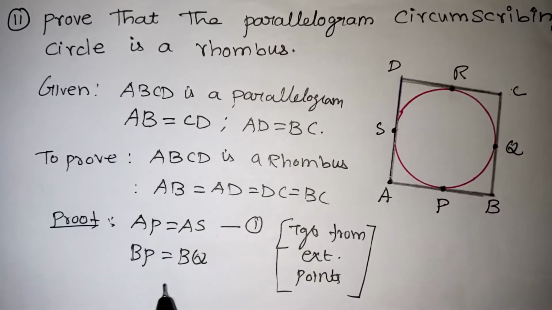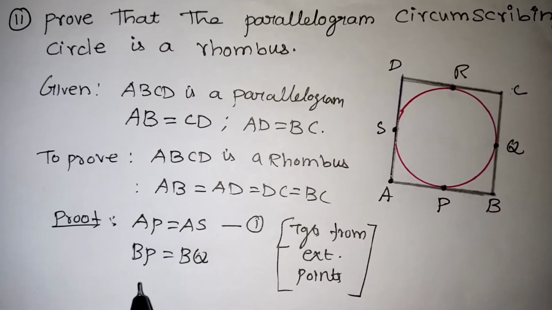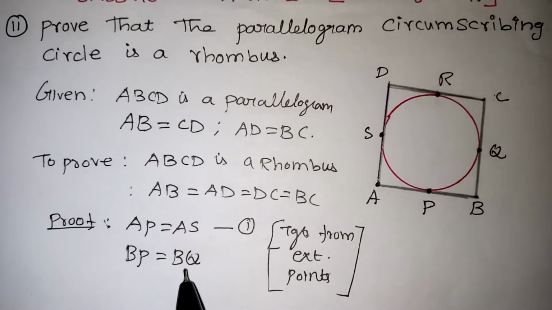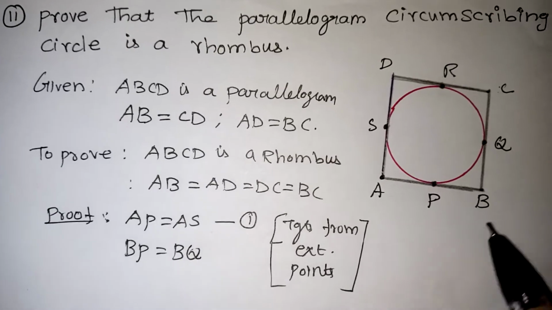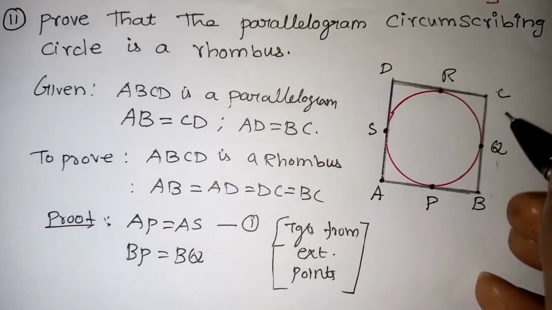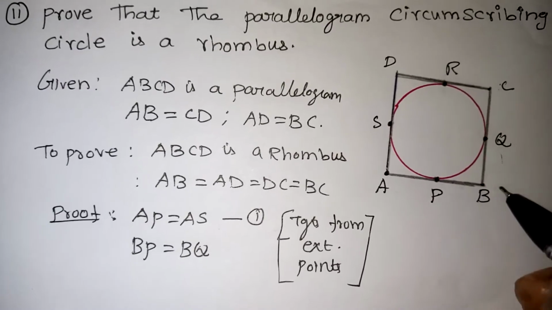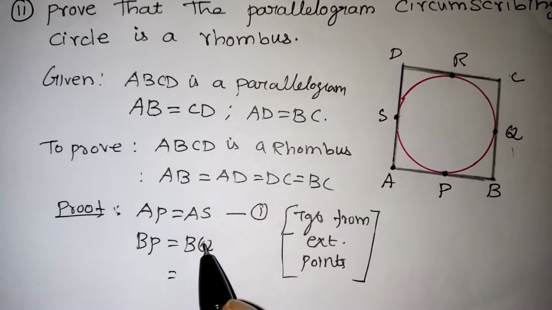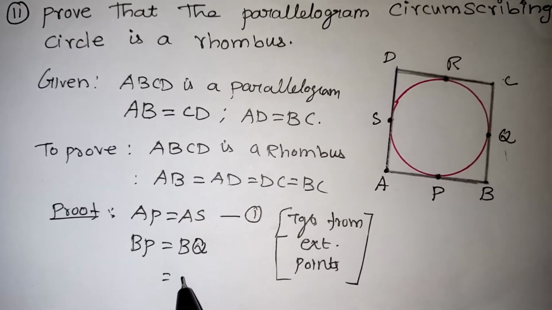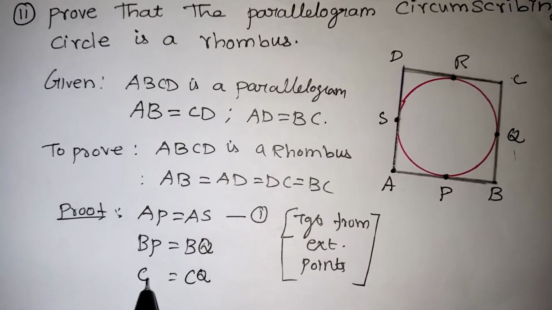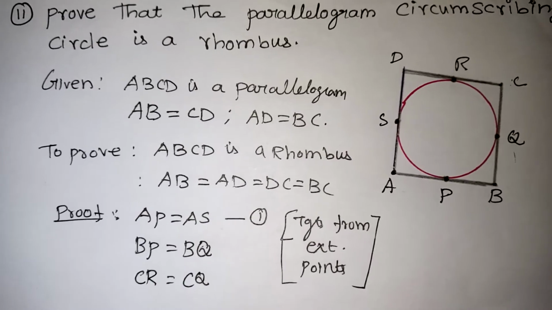Which one should be written first, we have to think over it. Here we have BQ, and BQ can be added only with CQ, not with CR, because these are consecutive sides. So write CQ here on the right side along with BQ, and take CR to the left side. That will be easy for you.